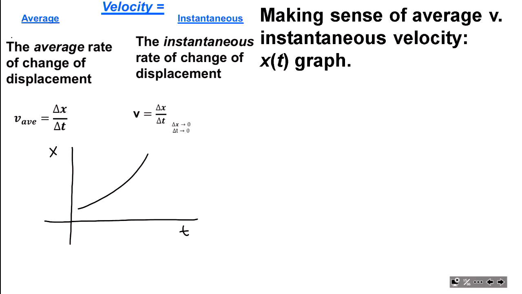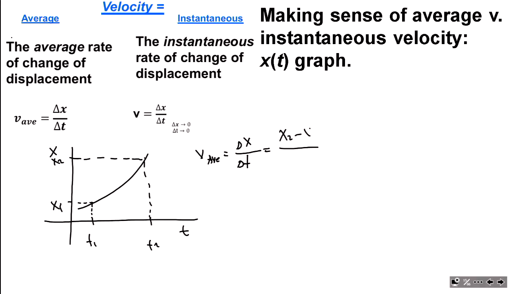If we pick two different instants, 1 and 2, at this instant the location was x1, at this instant the location was x2. So if you want to calculate the average velocity, that's delta x over delta t. That's x2 minus x1 over t2 minus t1.